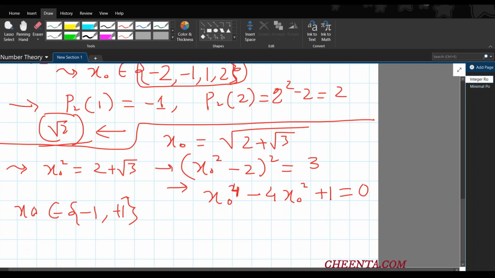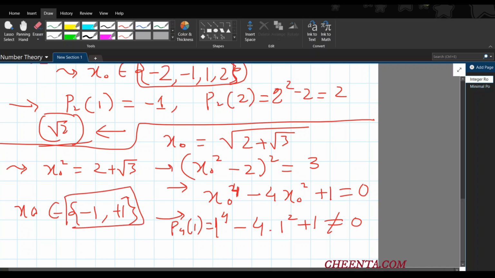Now suppose I put 1 here. Then I get 1 to the power 4 minus 4 times 1 squared plus 1, which is not equal to 0. That means no element of this set satisfies this equation.